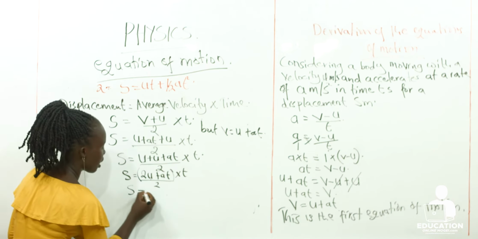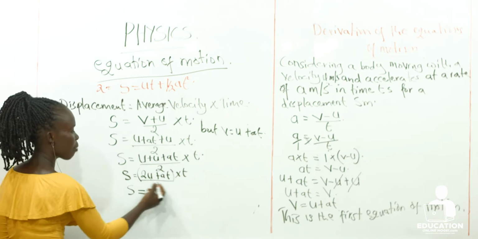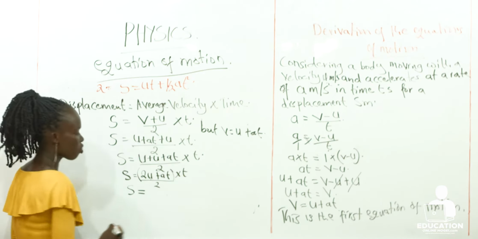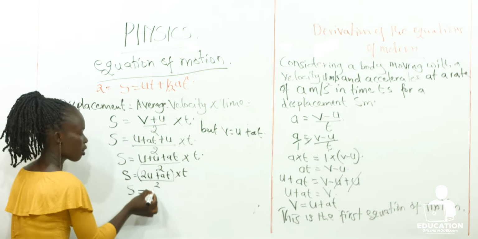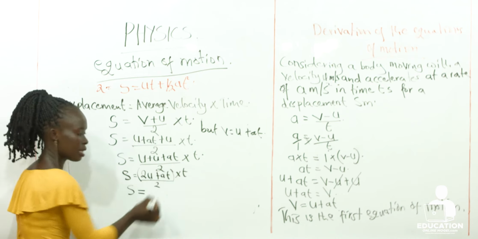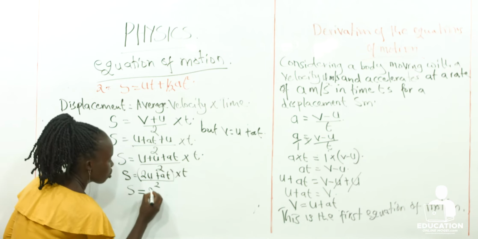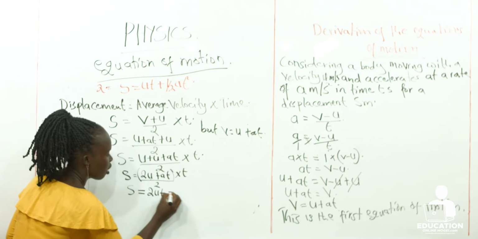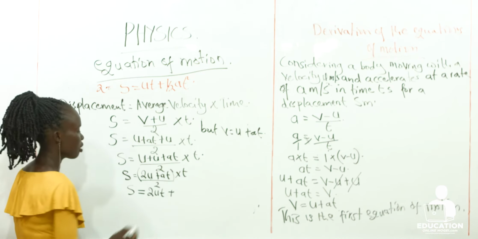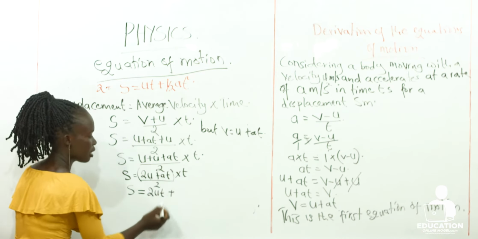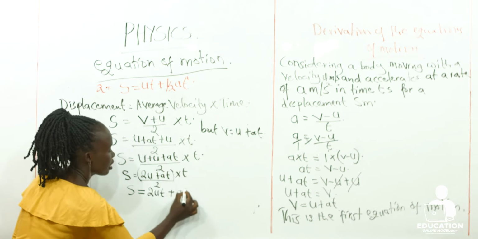This t here will multiply each and every number in the bracket. You multiply t and this 2u, so you'll see that 2u times t will give us 2ut plus, then you multiply this t again by this other one here, which is at. So you get at times t, we shall have a t squared.